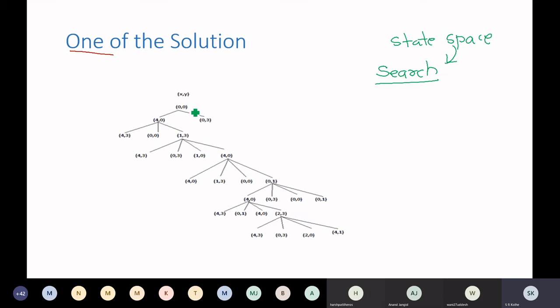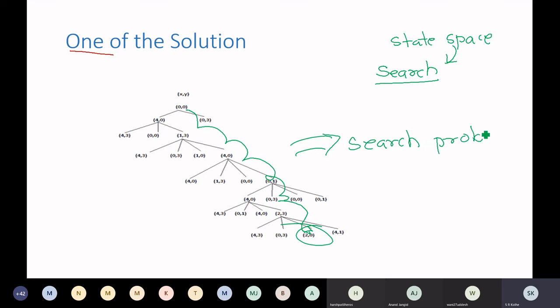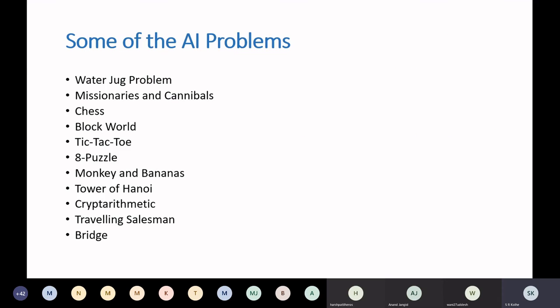What we do is start with the starting state and search the state space in such a way that you reach the goal state. So basically this problem is a search problem, and solving this problem means you have to solve this search problem. Therefore search algorithms are important and that is the heart of most AI programs.